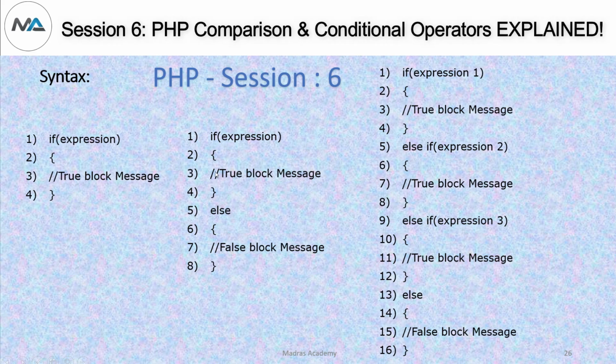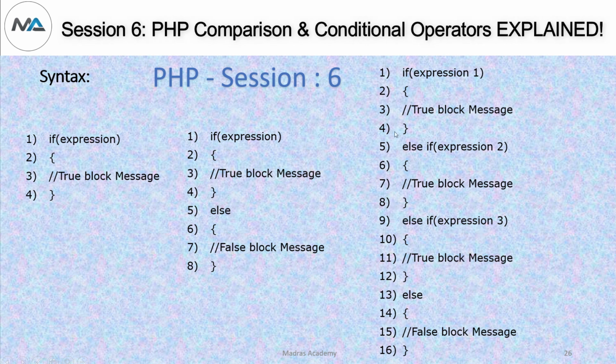So in this code, I have both a true block and a false block. And I have one more syntax: if expression 1. If this expression 1 is true, it will enter into this block and print the true block message. Else if the second expression is true, it will enter into this block. If the third expression is true, it will enter into this block.